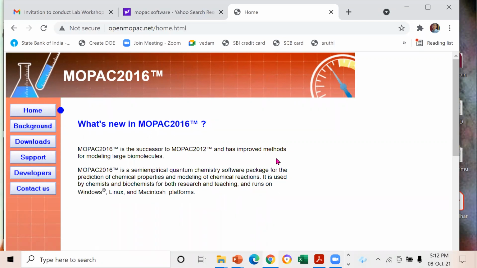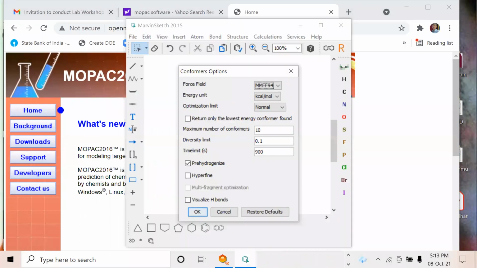Whereas force field cannot give us highest occupied molecular orbital, lowest unoccupied, the energy required for a jump, shifting from lowest unoccupied to highest, all those things, because the force field which Marvin uses does not consider the electron and the nucleus separately.